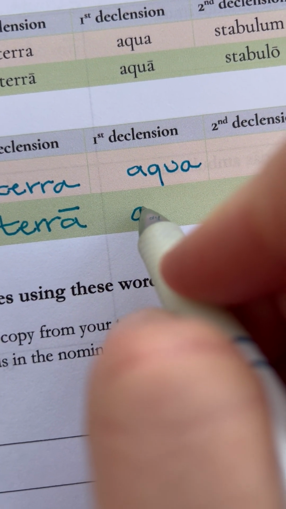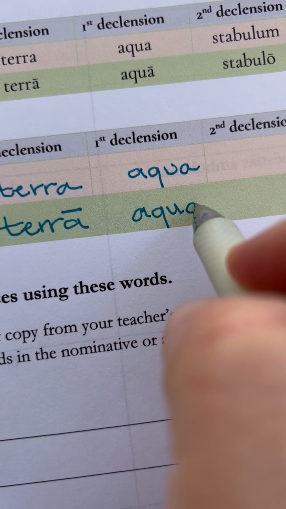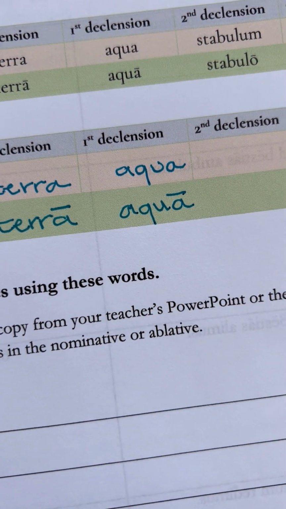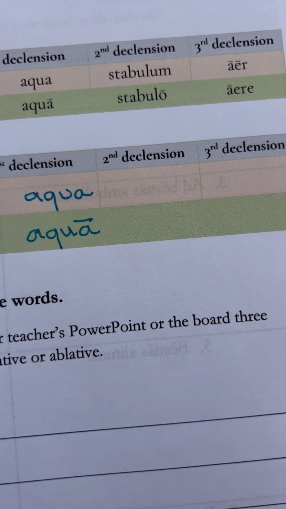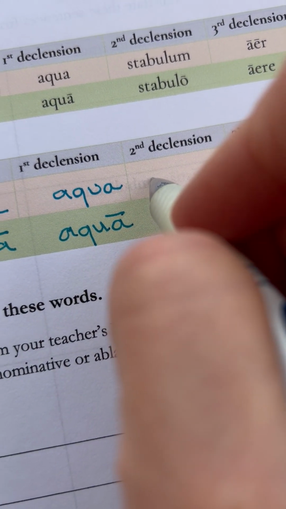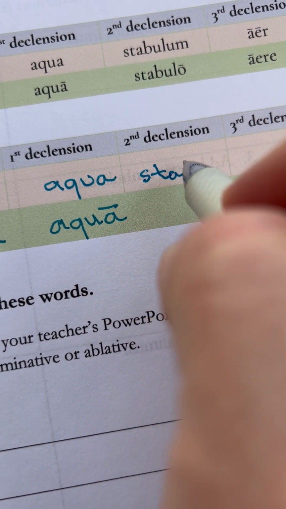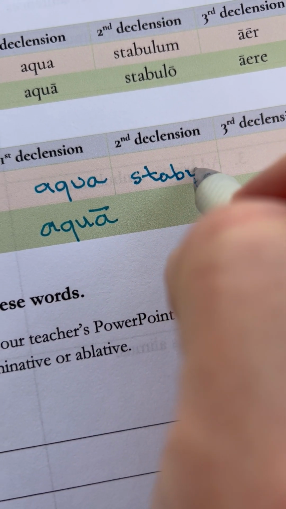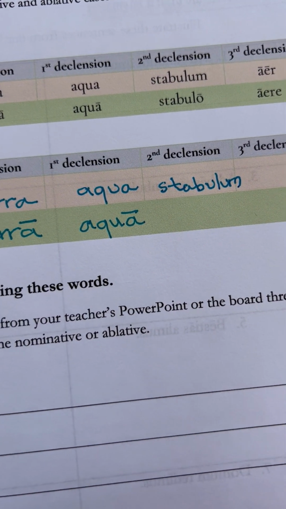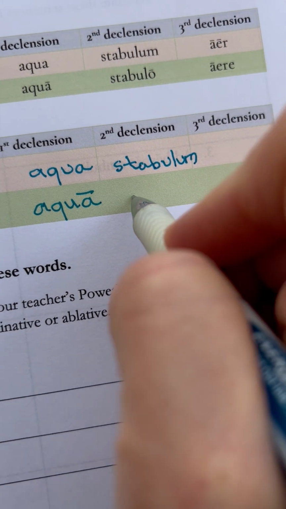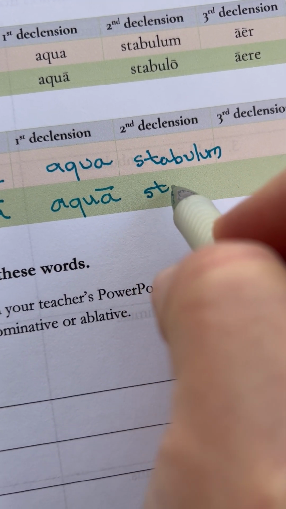It's not as neat a handwriting when I'm holding the phone. Aqua with a macron. Now stabulum. S-T-A-B-U-L-U-M in the nominative, and in the ablative, stabulo.